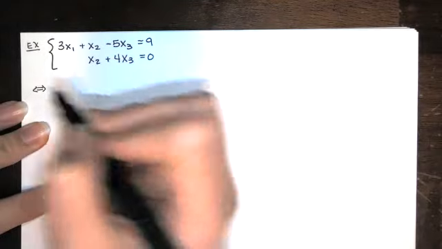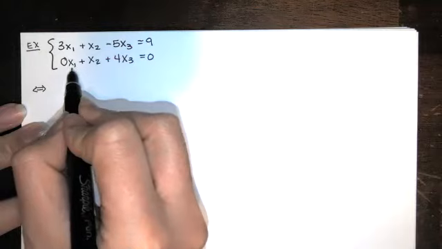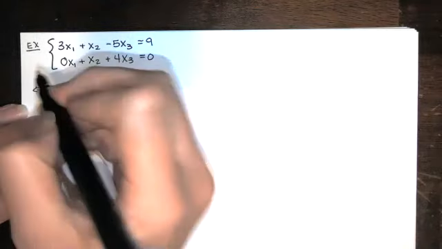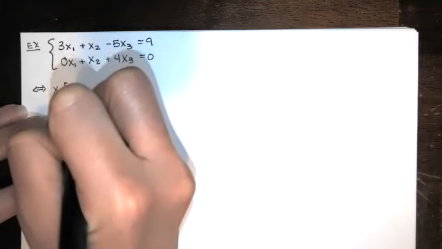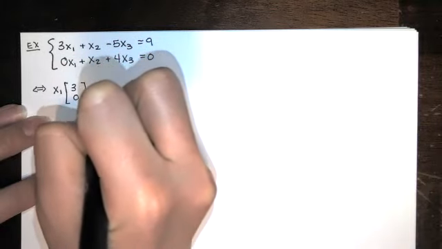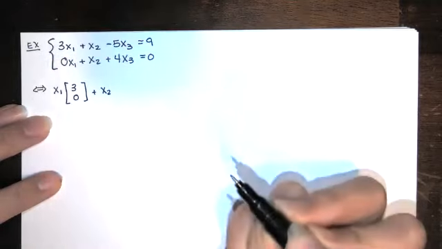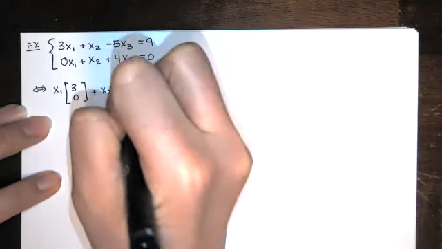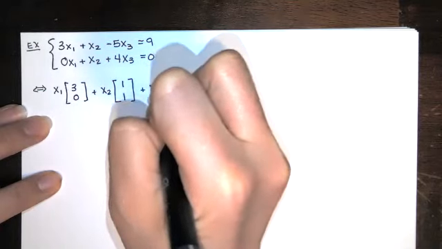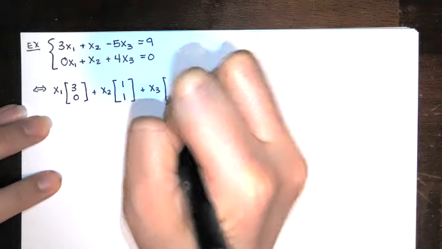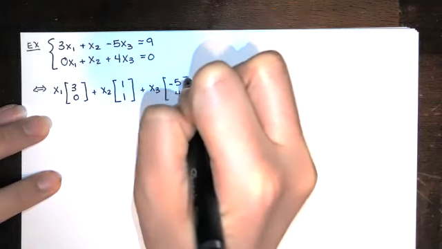as a vector equation. To do that, I might add an x1 term to this expression here. So then I would have x1 times the vector with components 3 and 0, plus x2 times the vector with components given by these coefficients, that's 1 and 1, plus x3 times the vector with these coefficients, negative 5 and 4.